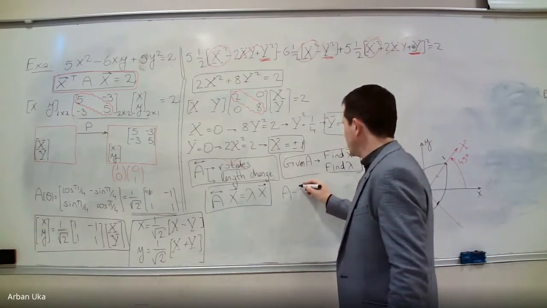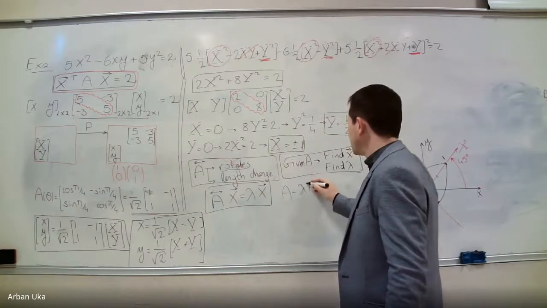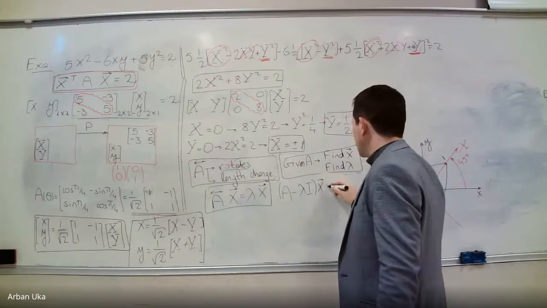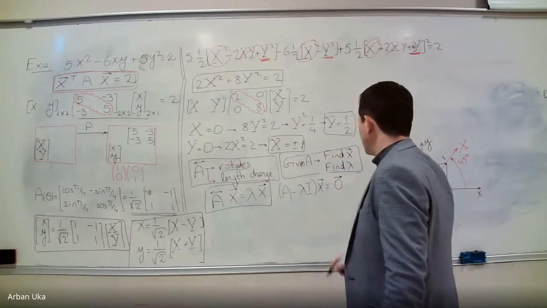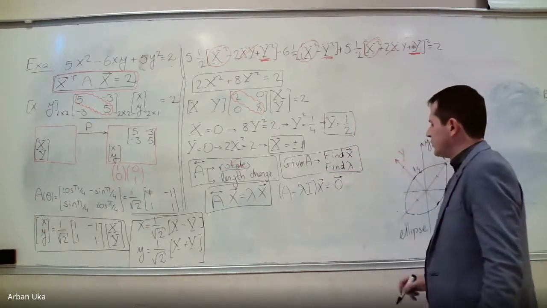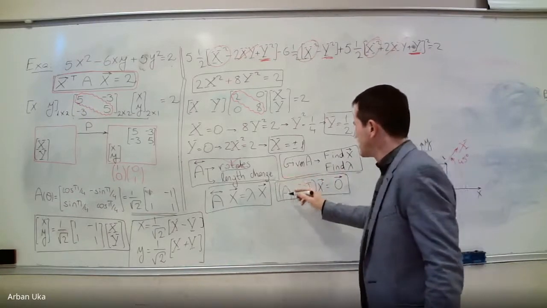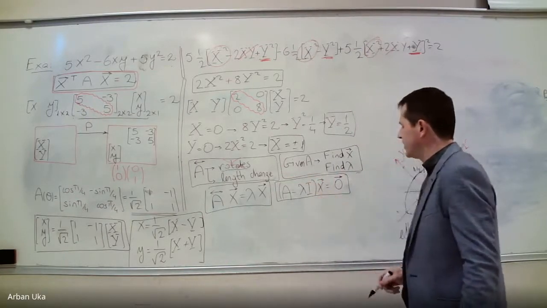What we can do is say A minus lambda times the identity matrix, times the vector x, is equal to the zero vector. So where have you seen this equation before? What is this? Solving this system, what does it mean?